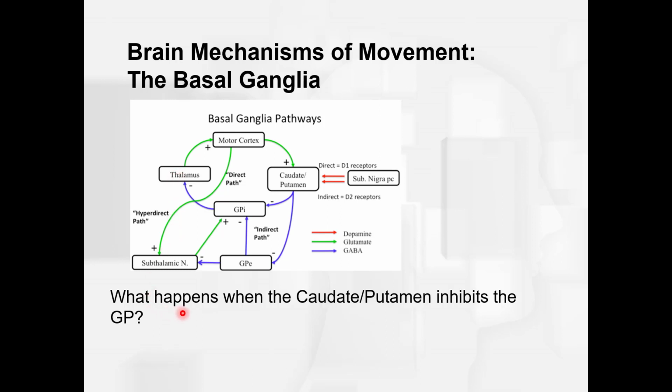So what happens when the caudate putamen inhibits the globus pallidus? If this group of cells fires action potentials and inhibits the globus pallidus, now the globus pallidus is no longer firing action potentials, so this goes away. So when the caudate putamen inhibits the globus pallidus, the thalamus is now free to fire action potentials and stimulate the motor cortex.